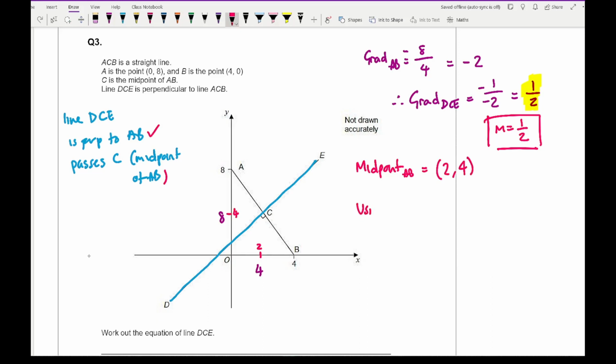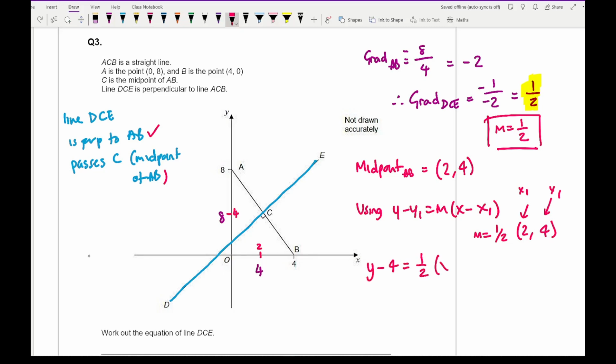So then using y minus y1 equals m times x minus x1, where m equals a half and the coordinate we're using is 2, 4. Now alternatively you could have just used y equals mx plus c, it's entirely up to you, but I much prefer using this formula. So here we get y minus 4 equals a half x minus 2. So then expanding the brackets out, oh, I've put an equal sign there, let me get rid of that.